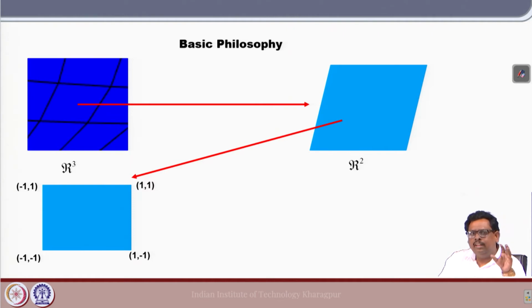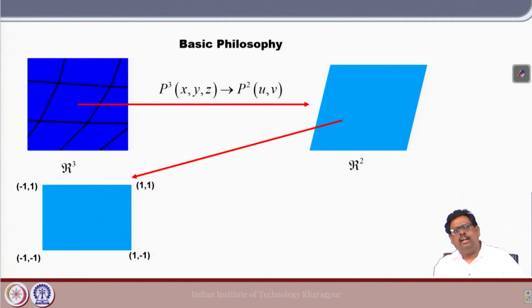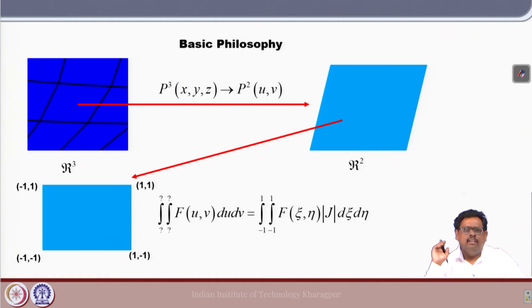So, from this 3 dimensional point, we get a 2 dimensional global coordinate system u and v. From this, we map back to the natural coordinate system, minus 1 to plus 1 for the horizontal direction and minus 1 to plus 1 for the vertical direction. And then after doing this we are going to do the integration.